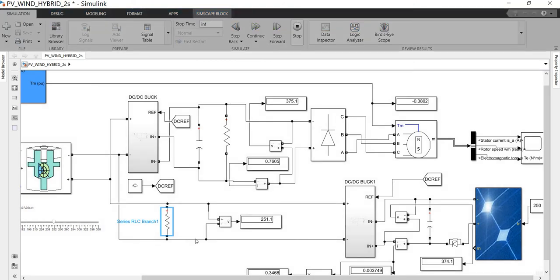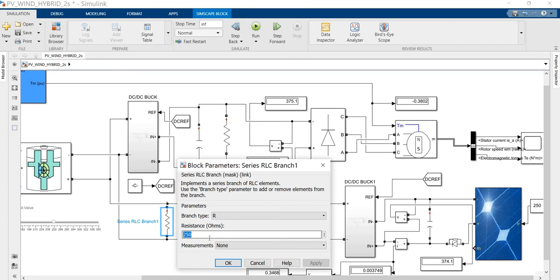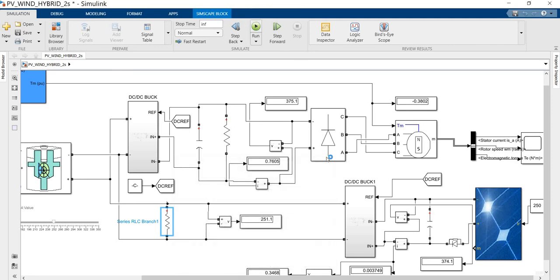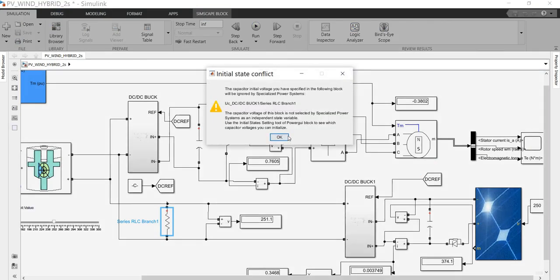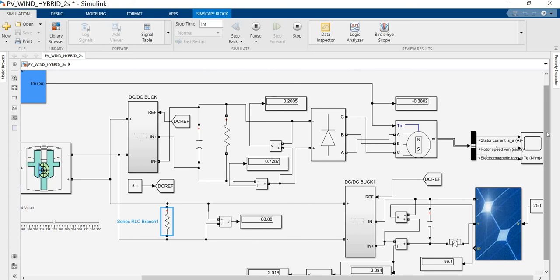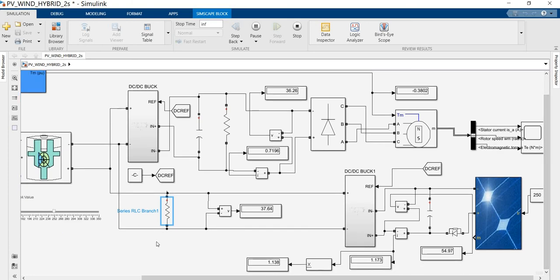Suppose I set the load to 25 ohm. Generally this is a high load, but I am fixing it for the purpose of explanation. Anything wrong here is only in simulation, right? So we fix the load which we are going to expect.